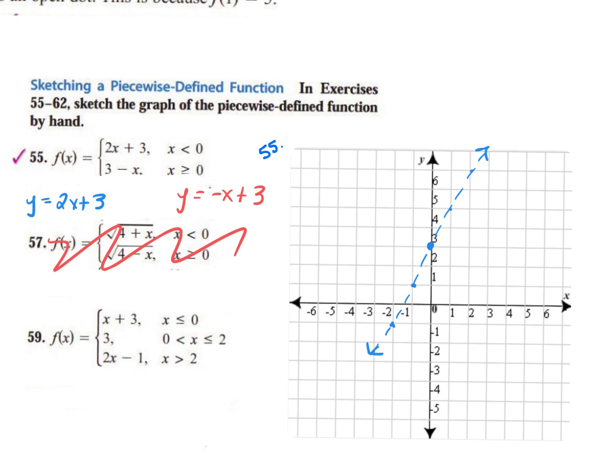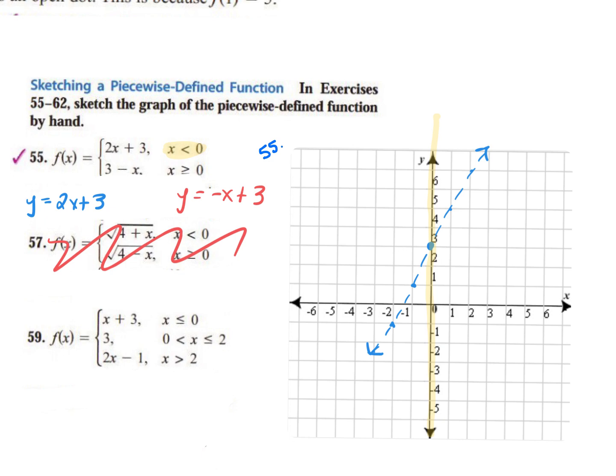Now, what makes this a piecewise function is you have a boundary. You have a parameter that you have to take into consideration. They want you to look where the boundary is, 0. So I'm going to draw a vertical line right here through 0. And I'm going to read that inequality.